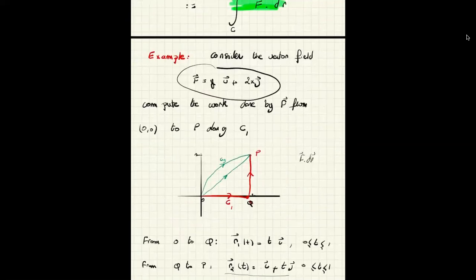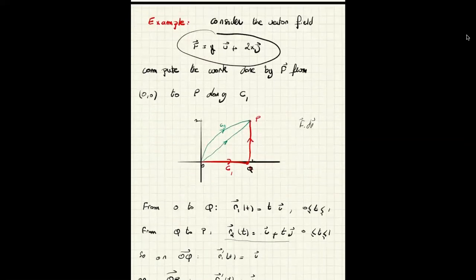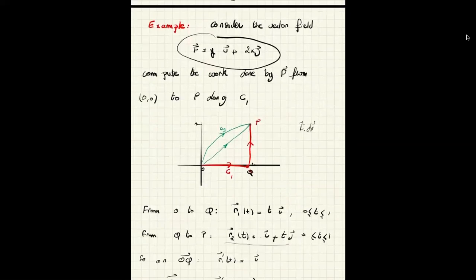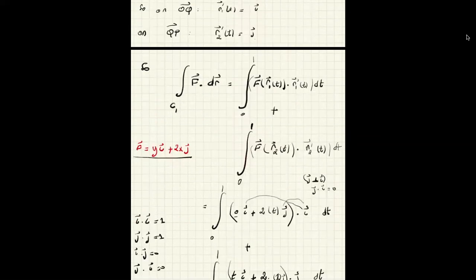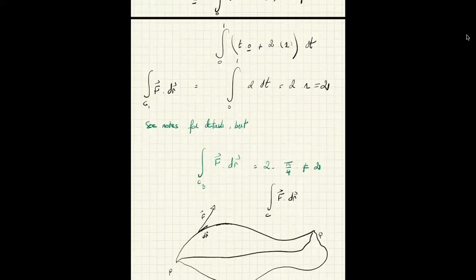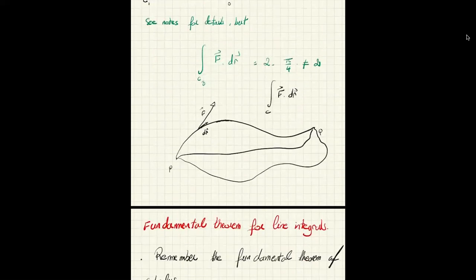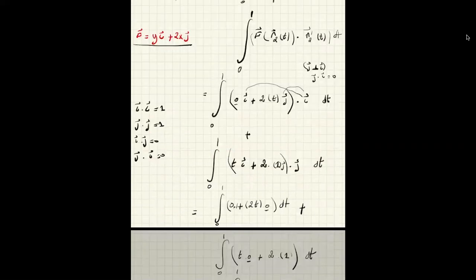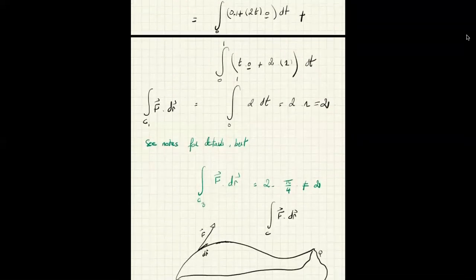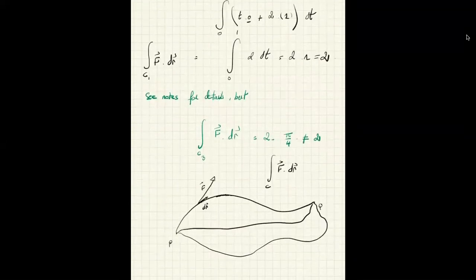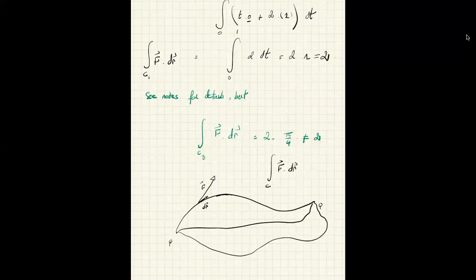I didn't do the whole example, but I did one path, and I told you that if you do it on the other side, it'll give you another number. So for one path it gives 5/2, and for the other one it gives 2 minus pi/2.